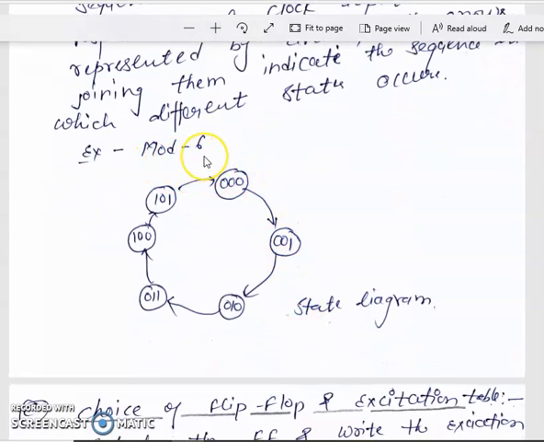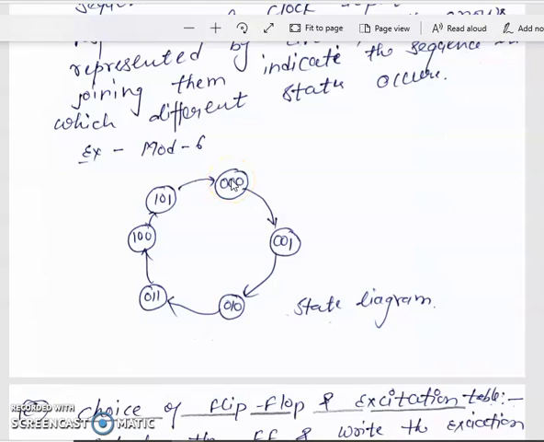Example for mod 6. It means it has 6 states, counting from 0 to 5, or 5 to 0 in the case of a down counter. If we take 0, 1, 2, 3, 4 and 5, that is mod 6, it counts 0 to 5. That is the 6th state. The arrow goes from 0 to 1, then 1 to 2, then 3, 4 and 5, and then it repeats to 0.